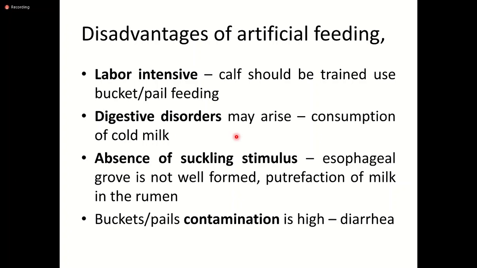So the milk will be a little bit cold, and once we offer that milk, it can create some digestive disorders, some diarrhea or loose feces coming out from their digestive system. So those things can occur. Therefore what we have to do is heat it up, pasteurize the milk before offering it to these young animals, right?